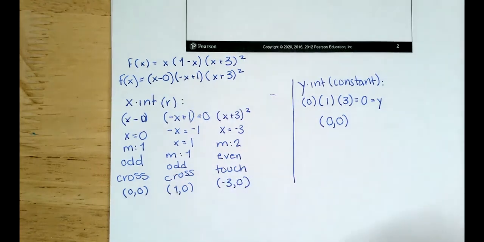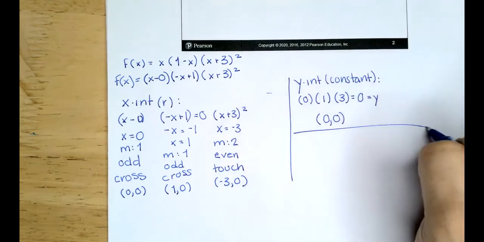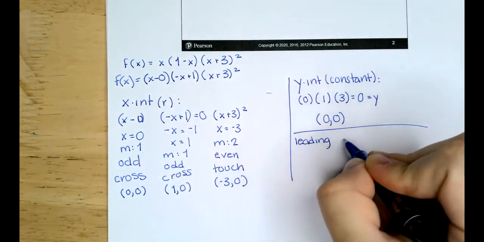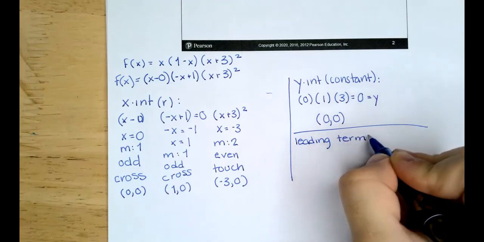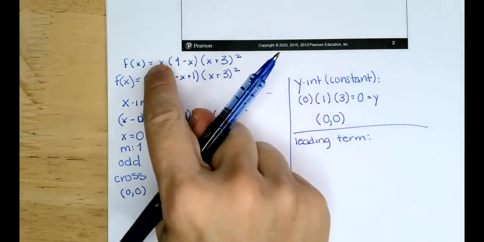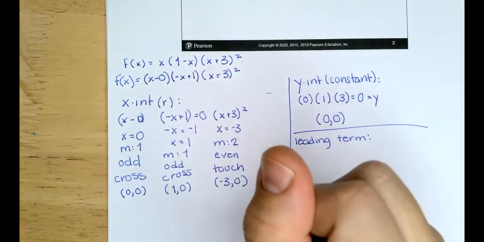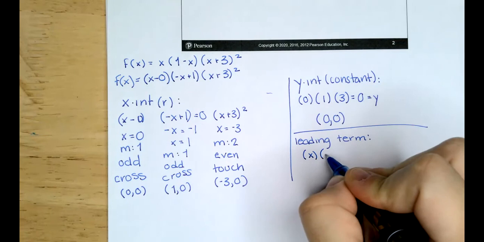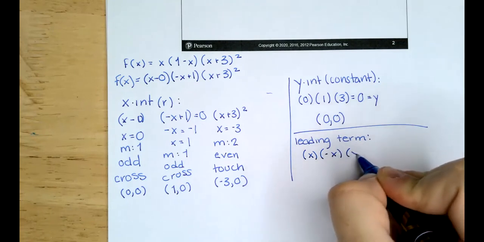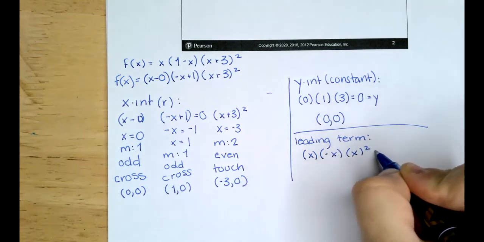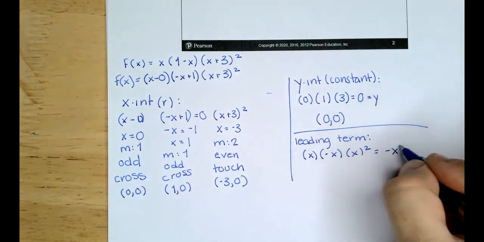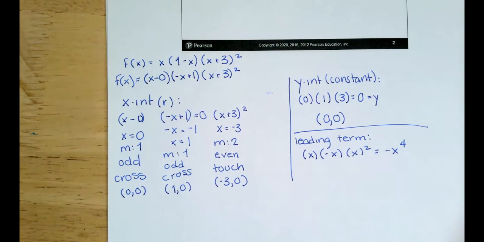Okay. Now let's do the leading term. Just like the y-intercept, we took the whole numbers. Now we're going to take the x's. So we have 1x times a negative x times an x squared. So that would be negative x to the 4th.